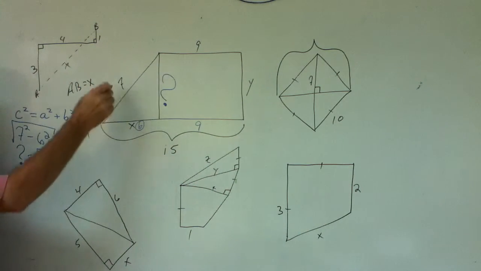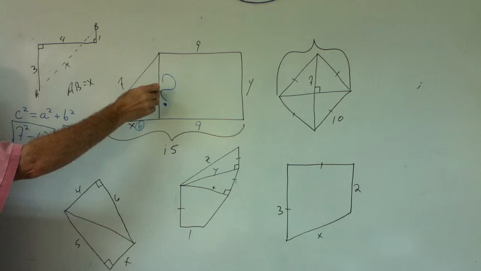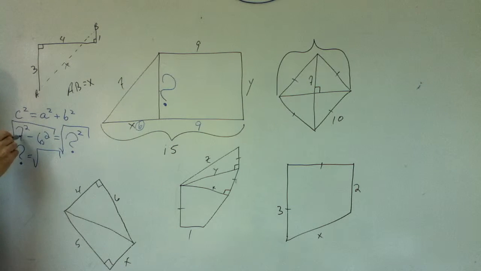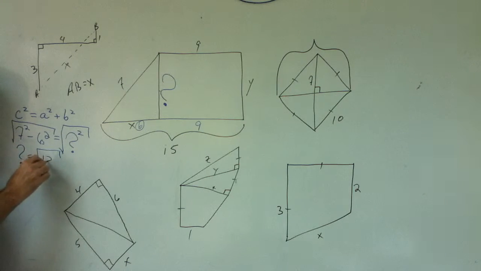This is 6, this is 7, so that's going to be 49 minus 36. 13? Yes. It's really cranky, isn't it? So this is going to be 13.